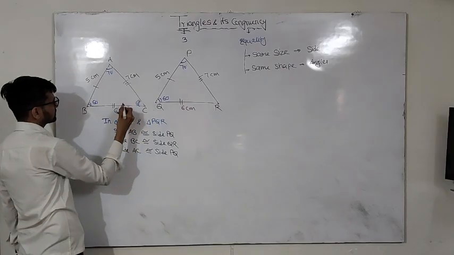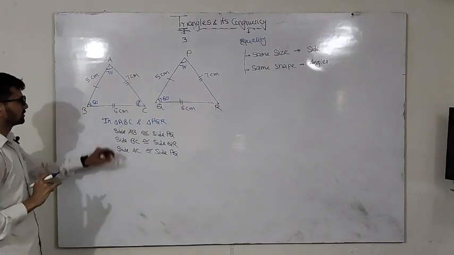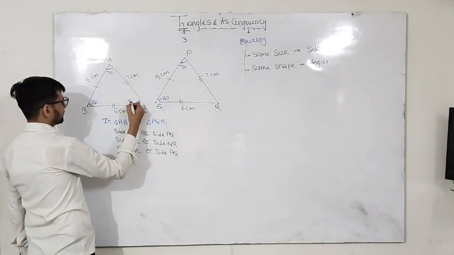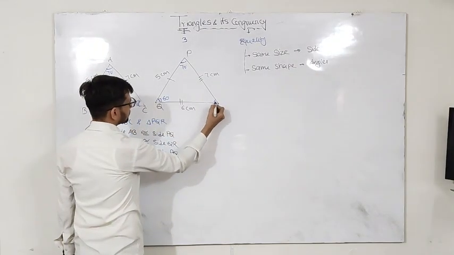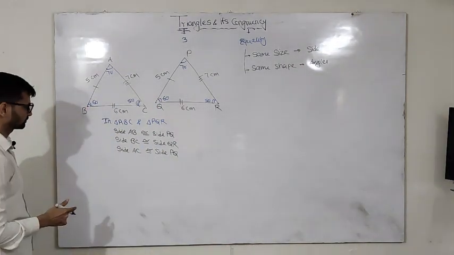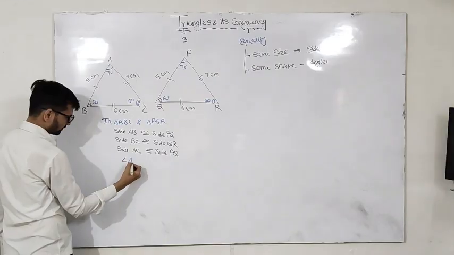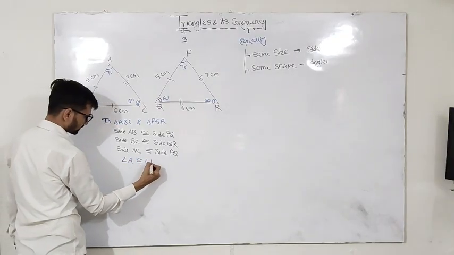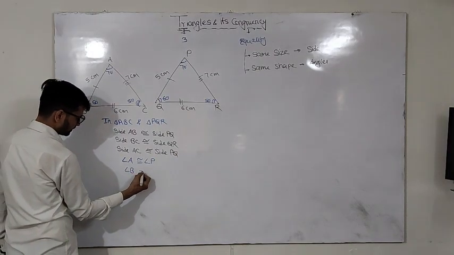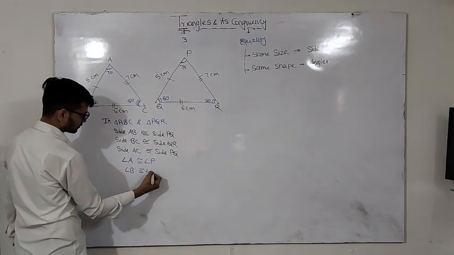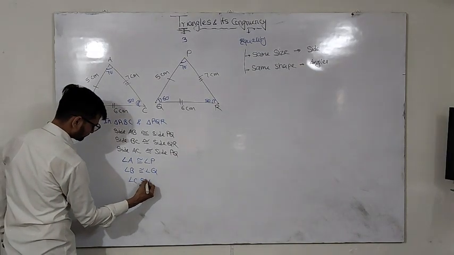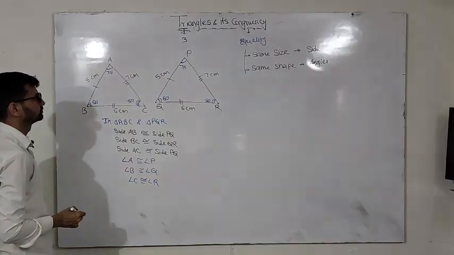And angle C, since the sum of all angles is 180, the remaining is 50 degree, then it also will become 50 degree. So angle A is congruent to angle P, which is 70, angle B congruent to angle Q, which is 60, and angle C congruent to angle R, which is 50.